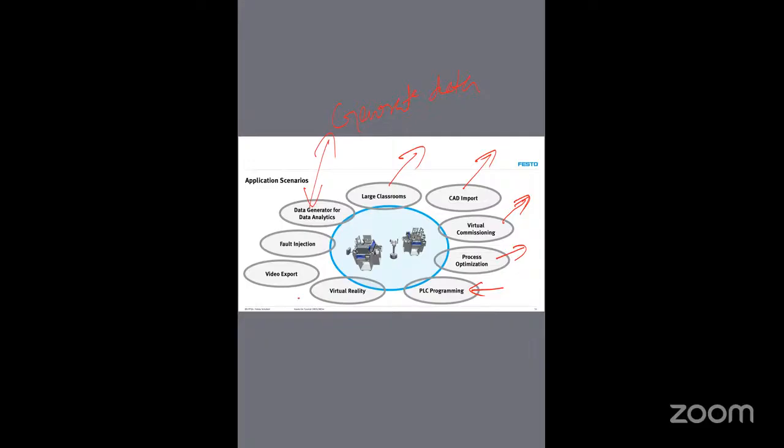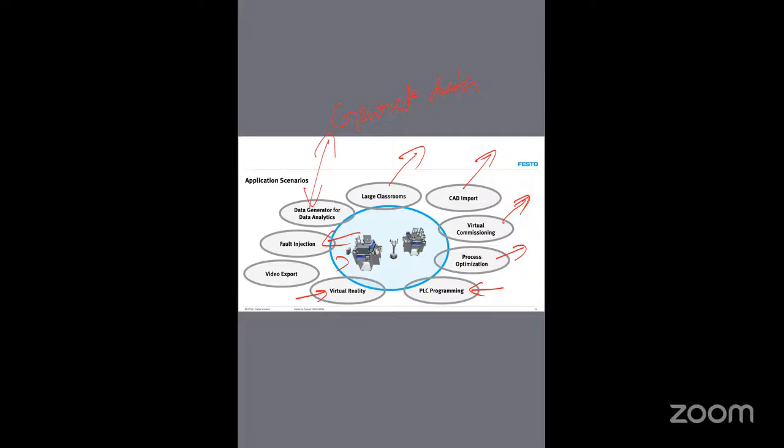Using factory VR, we can walk through the entire factory. Then video export. This simulation we can export to a video. And fault injection, sensor failure, motor failure, robot failure. We can create how a sensor will fail, what will happen. We can inject this failure, fault injection, and then take the response.